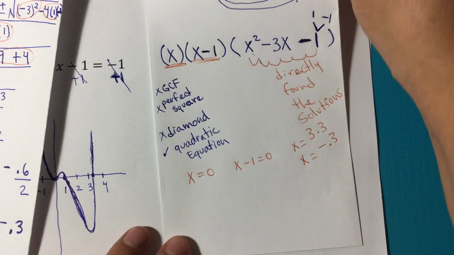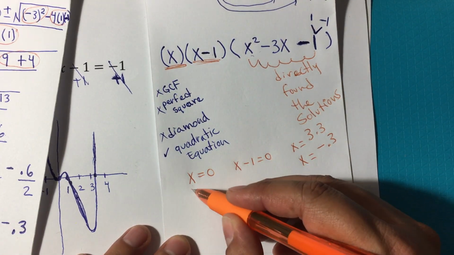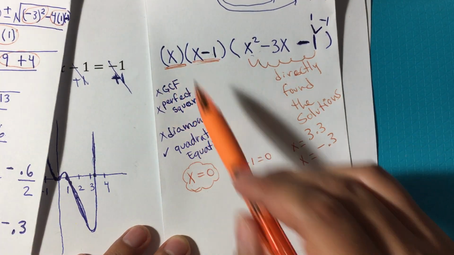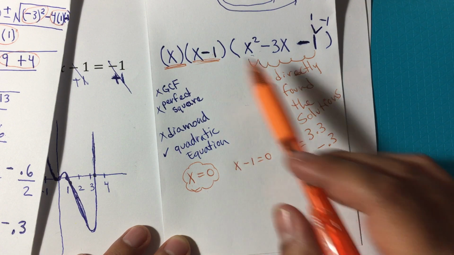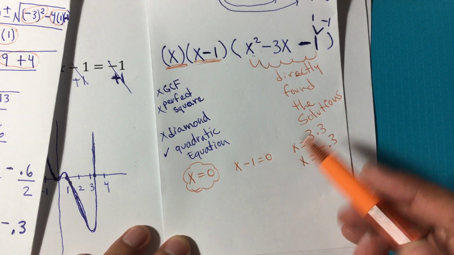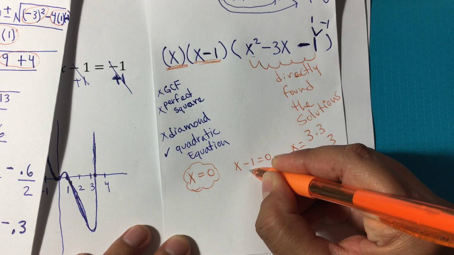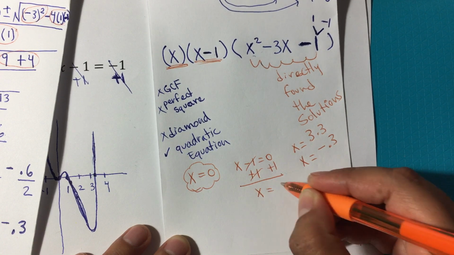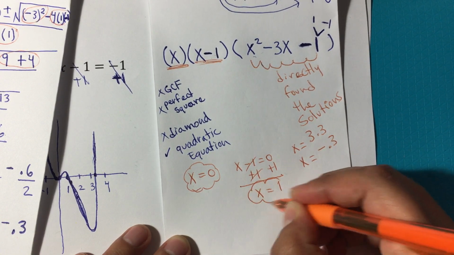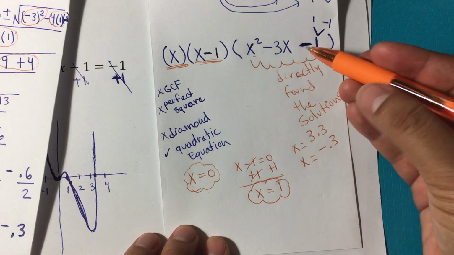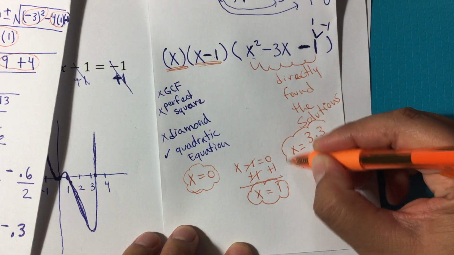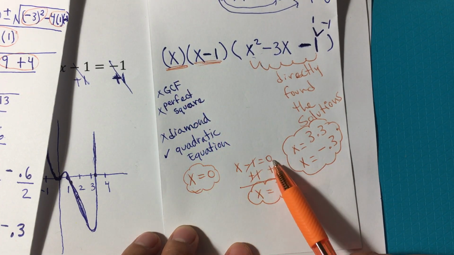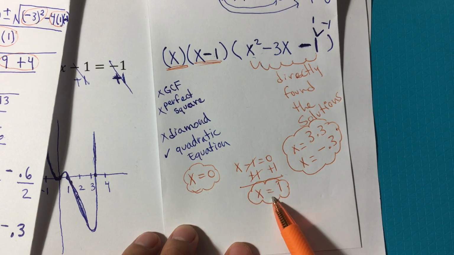With this one we cannot solve because it's already x equals 0. We've got that factor equal to 0. We got the second factor equal to 0 and start solving. If we're subtracting 1, the opposite is to add 1, and so x equals 1. That's the other solution. And so with the quadratic equation, again, these were the two solutions. With the factors, you have to equal each factor to 0 and start solving to find the solution.